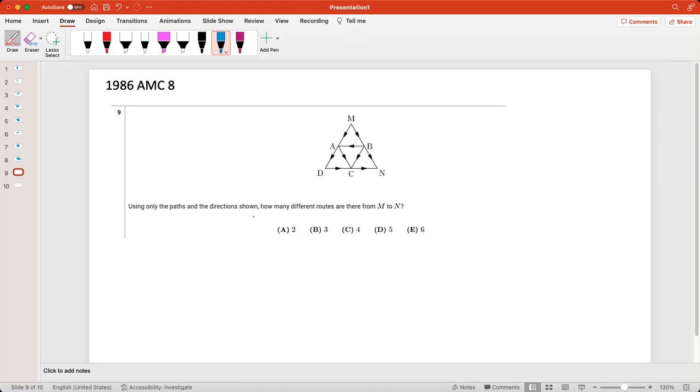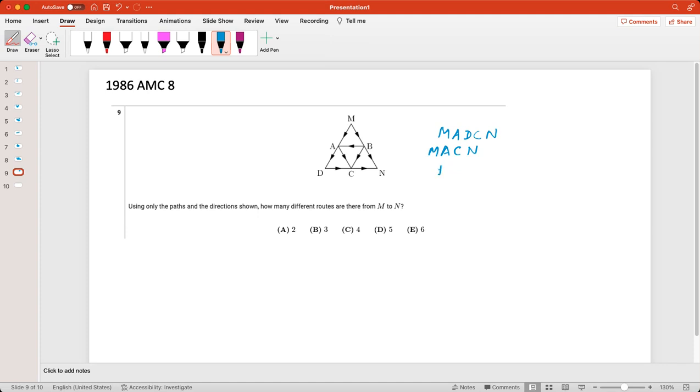Using only the paths and the directions shown, how many different routes are there from M to N? So we'll start sketching the routes out. So first from M to A, we will finish all, then we'll go to M to B. So for M to A, we have M, A, D, C, N, and we have M, A, C, and N. Okay, only two.